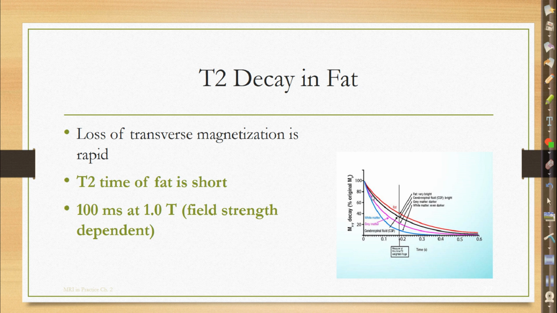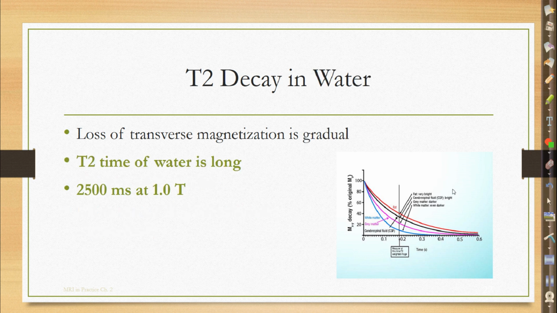So we got fat, we got different fluids, they decay very fast. Let's talk about water. So that takes usually a little bit longer for it to dephase. So the loss of transverse magnetization is very gradual.